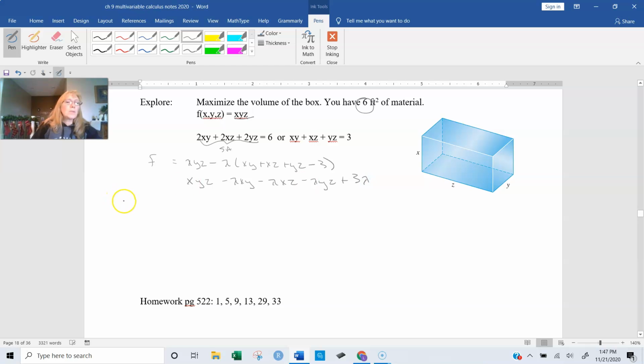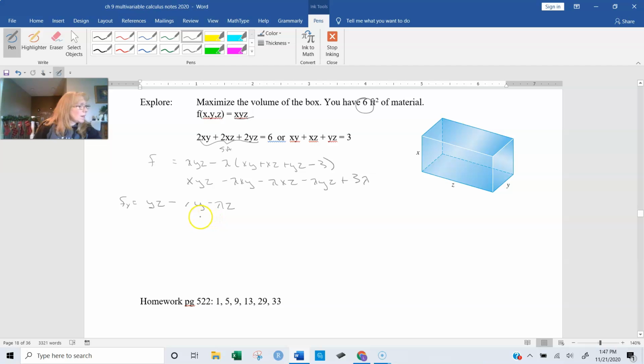All right, now we have to do our derivatives. So we have to do f of x. F of x gives us right here yz minus lambda times y minus lambda times z.